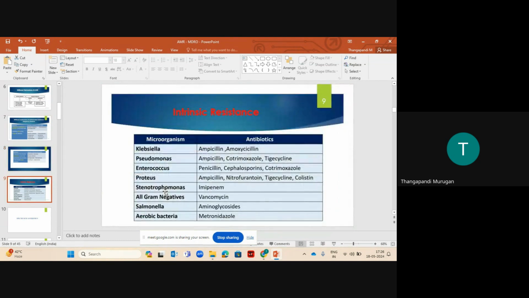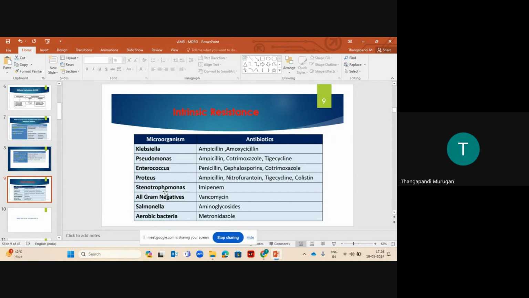Okay, I have explained the intrinsic resistance, where the microorganism will be intrinsically resistant to some antibiotics. I have listed a few of them here.